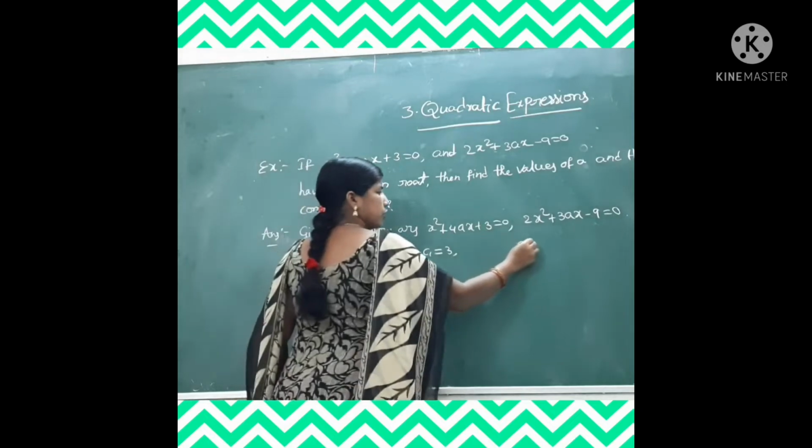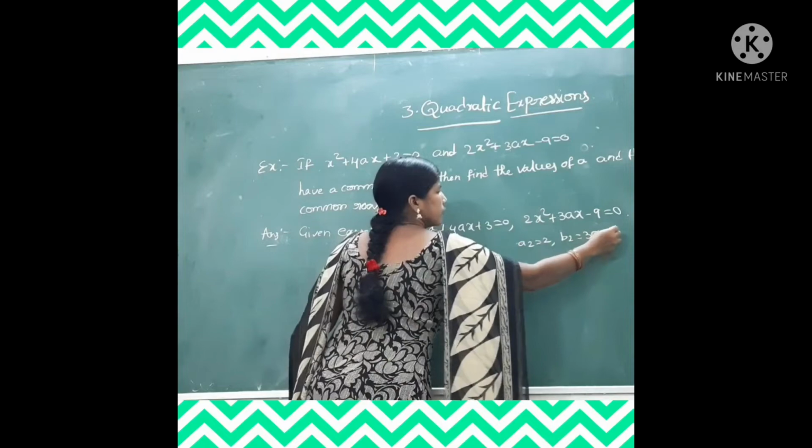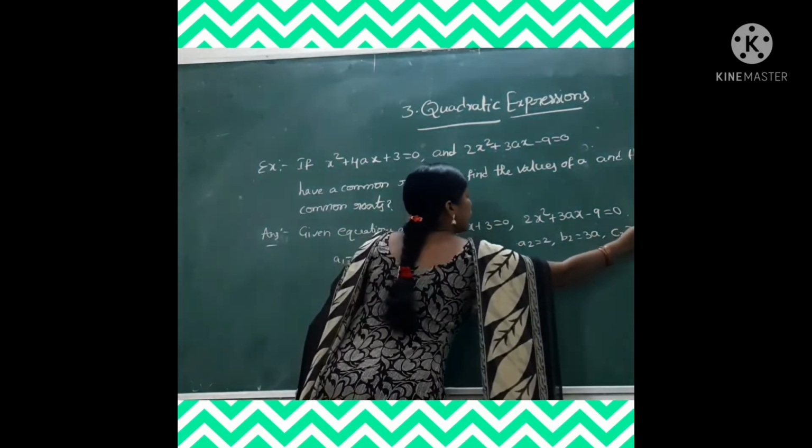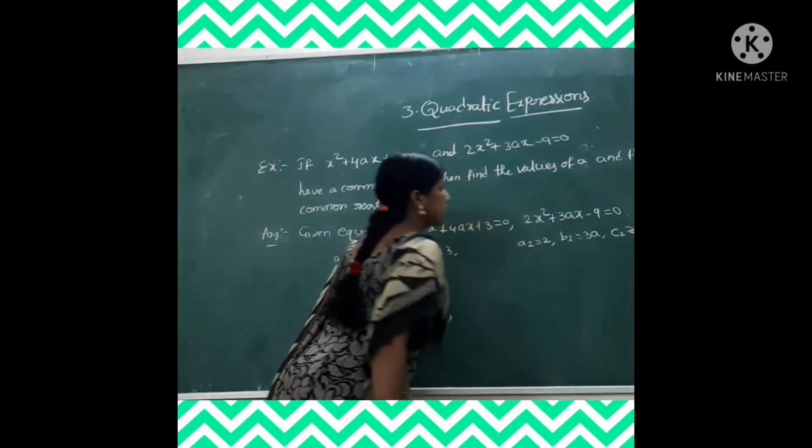Similarly a2 is equal to 2, b2 is equal to 3a and c2 is equal to minus 9.